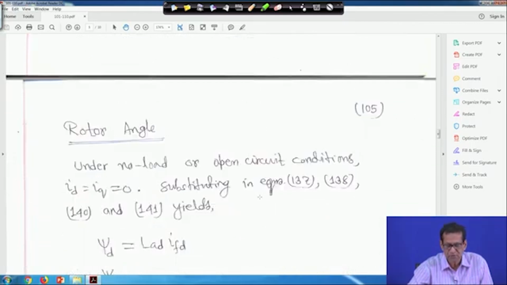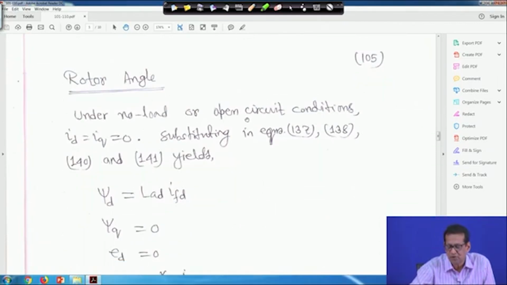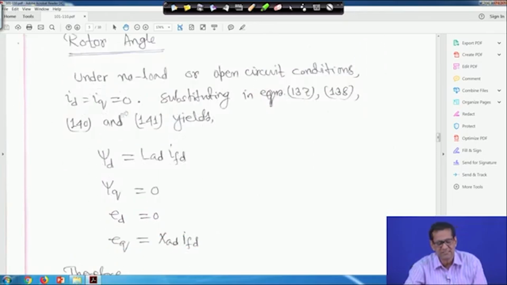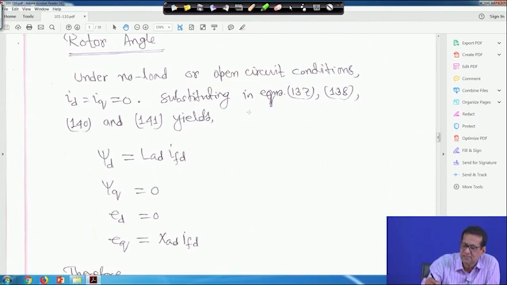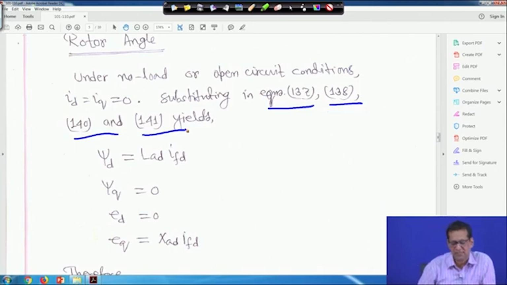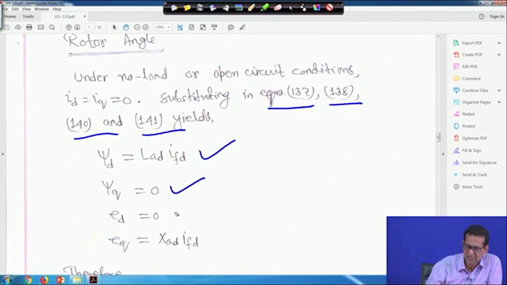Next is rotor angle. Under no load or open circuit conditions, ID is equal to IQ is equal to 0, right. Therefore, substituting in equations 137, 138, 140 and 141, psi d will be equal to LAD into IFD, psi q will be 0, ED will be 0 and EQ will be XAD IFD, right.